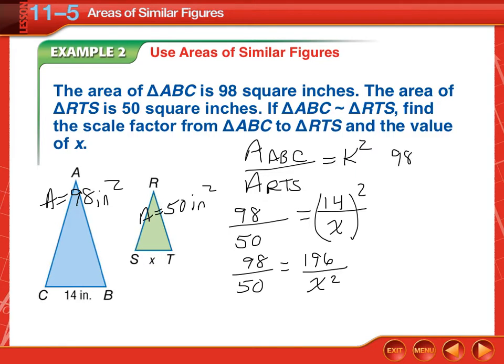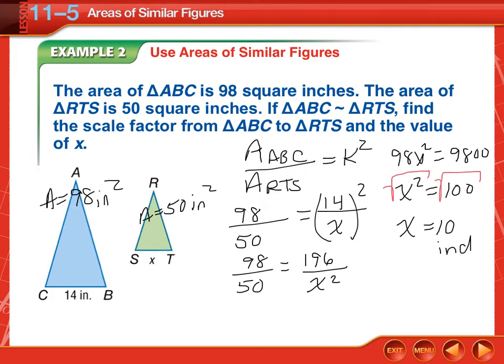Cross multiply: 98x squared equals 50 times 196, which is 9,800, I believe. And if we solve for x squared here, divide both sides by 98, we end up with 100. And finally, we can solve for x by taking the square root of both sides, and x equals 10. And don't lose sight of the units that we're solving for, so it's going to be 10 inches.